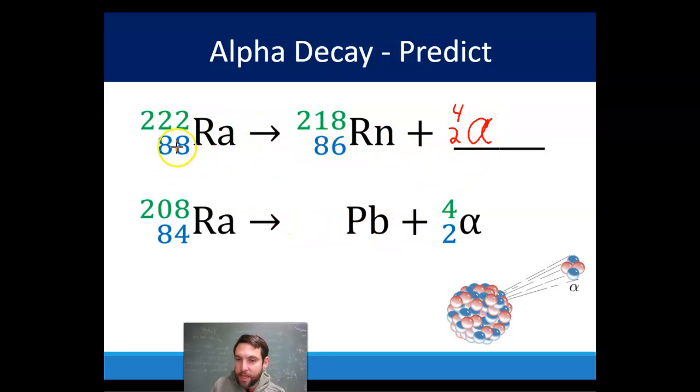We know that because 88 to 86, that means this has to be a 2 over here. 222 to 218 has to be a 4 right here. 208, 84, and it's alpha emission. So this is going to be 82, and this is going to be 204. Get the hang of it? It's that easy.